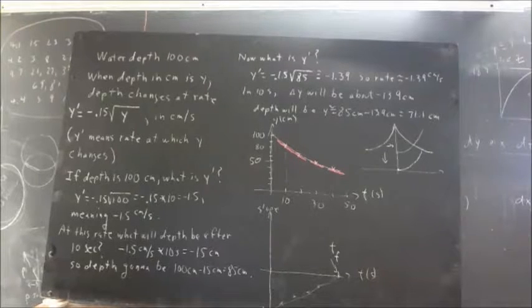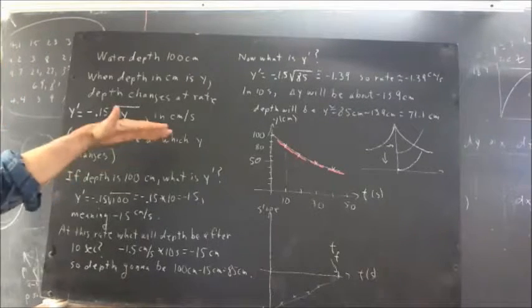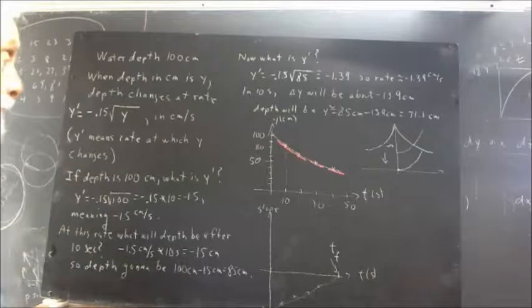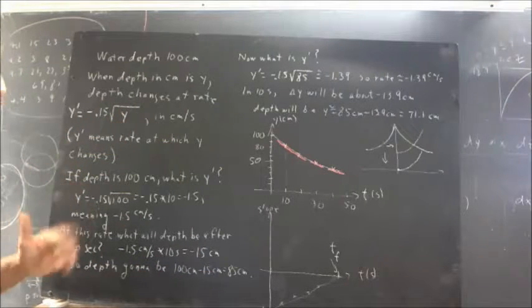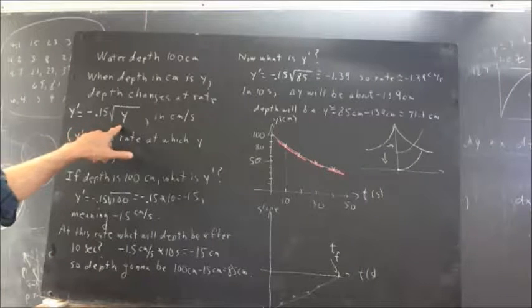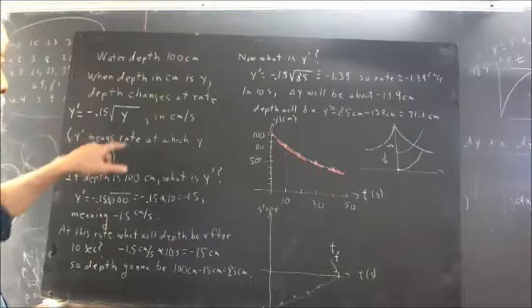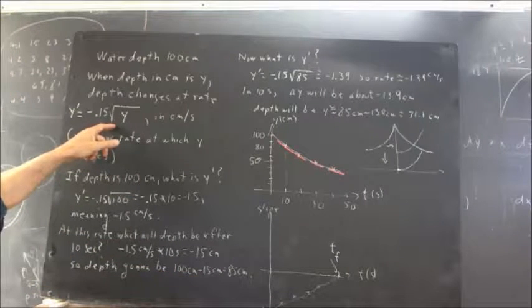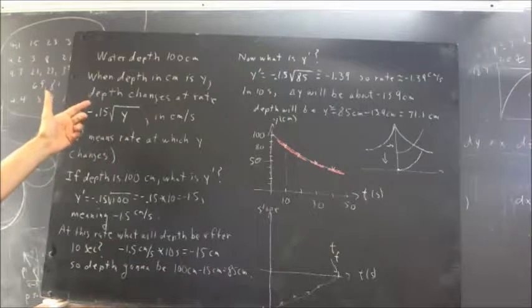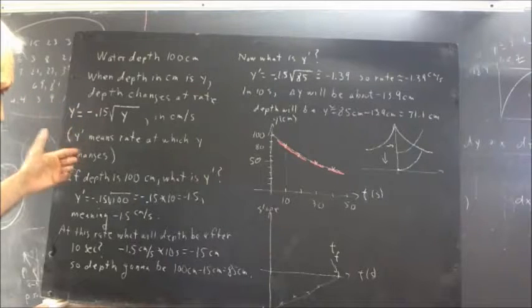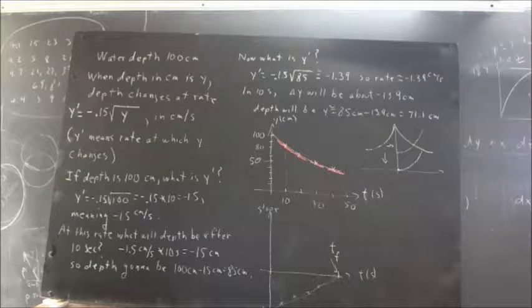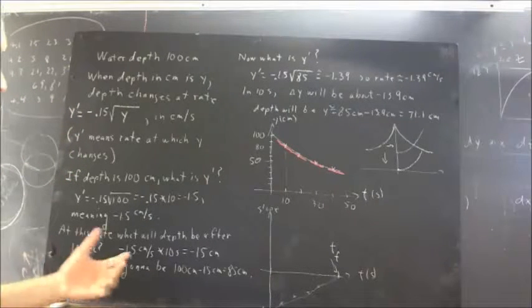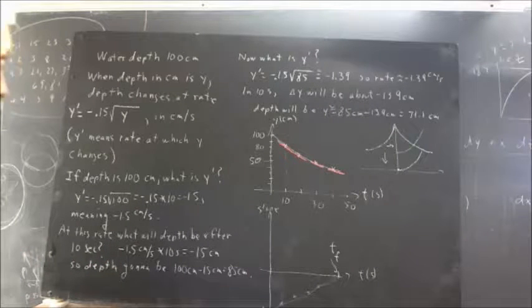Now, the one thing that might not make sense is that we know that as the depth drops to 85 centimeters, the rate at which water flows out, which depends on the depth, is going to change. So y drops from 100 down to 85. This rate is going to drop from about 1.5 centimeters per second to something that I think I calculated as 1.39 centimeters per second.